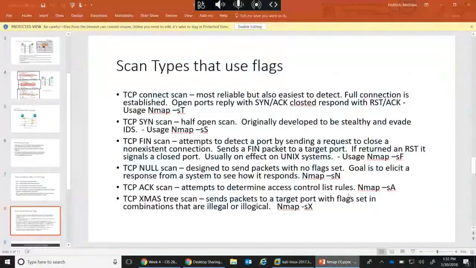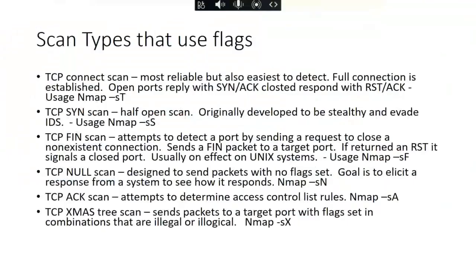Well, let's talk about some of the specific types of scans that there are. You can use an nmap -sT, and what this is going to do is establish a full connection with all of the different ports on that device. It's going to be the most reliable, it's also going to take the longest, and it's going to be the most noisy.